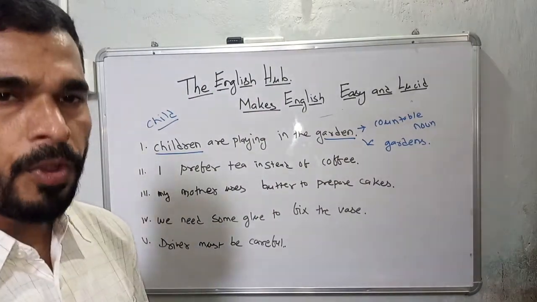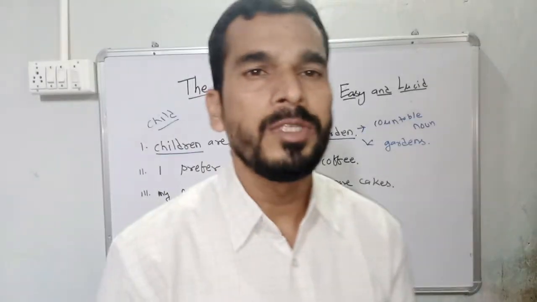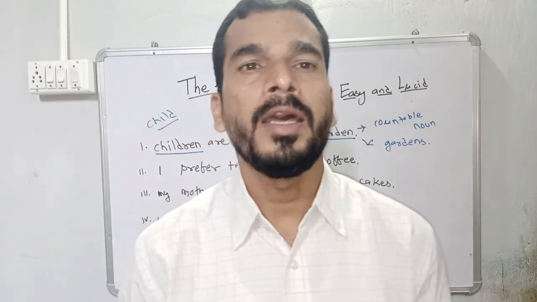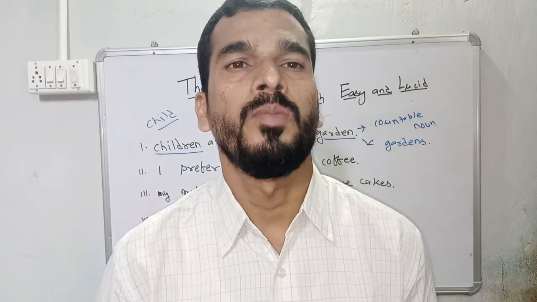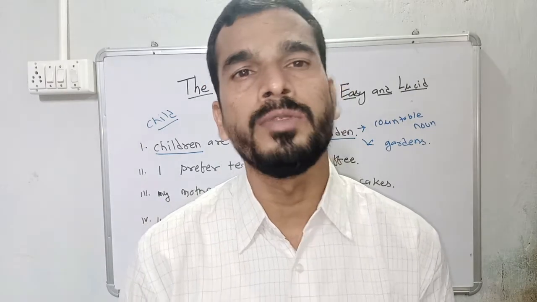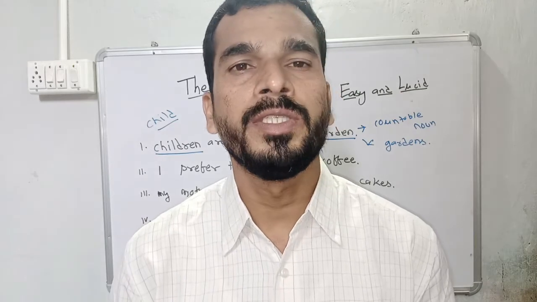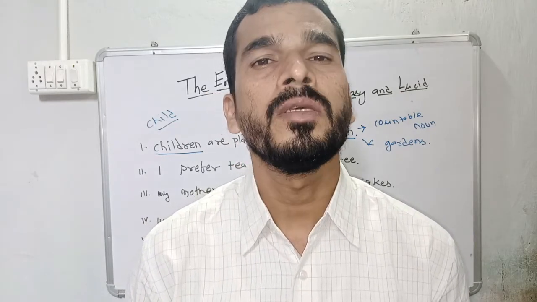So before going to find out countable or uncountable, you have to just ask yourself, are you able to make a noun singular to plural or plural to singular? If this sort of thing is happening, then you can say that is a countable noun.